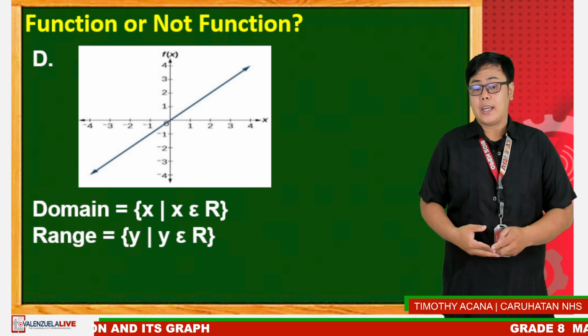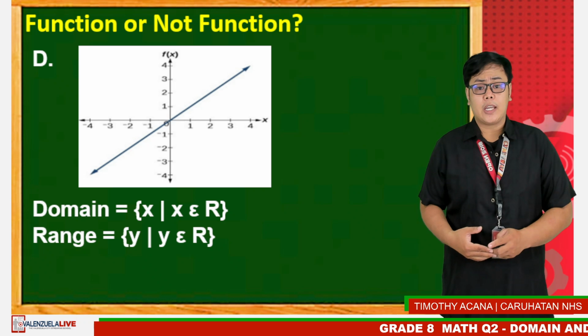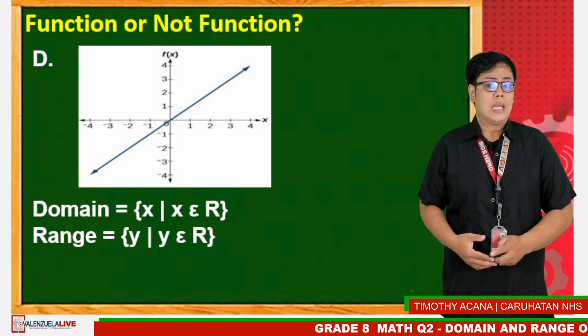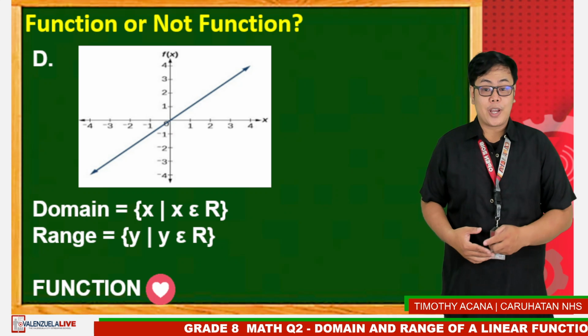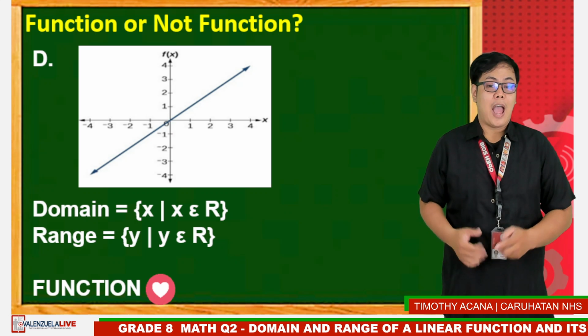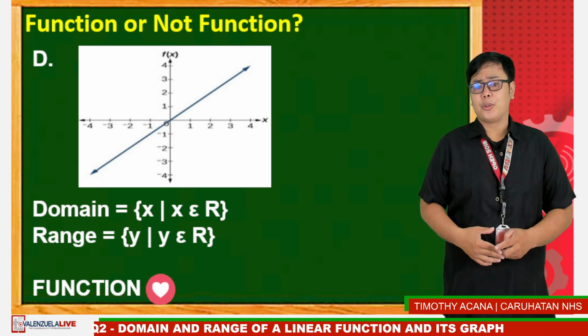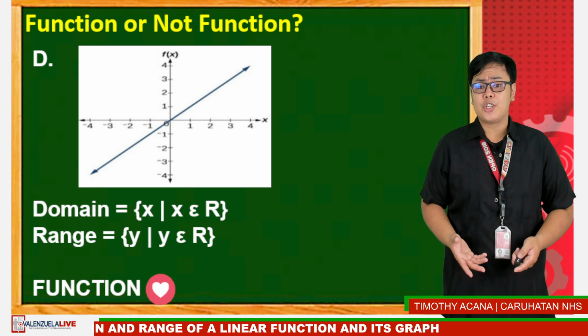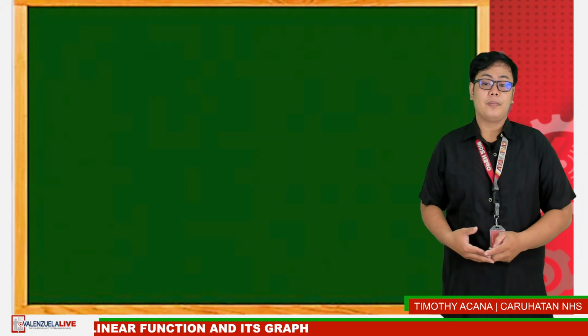Using vertical line test, if you draw a vertical line on the graph, it will only intersect the graph at exactly one point. Therefore, the graph is a function. Did you press the heart react button? Amazing. I hope you were able to recall how to identify the domain and range and to determine if a given relation is a function or not.